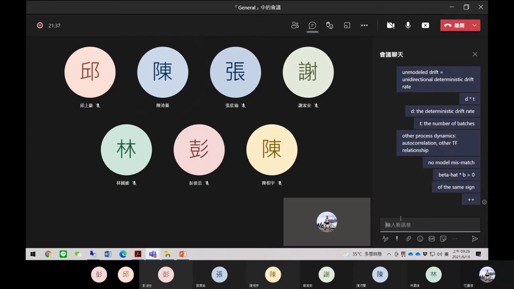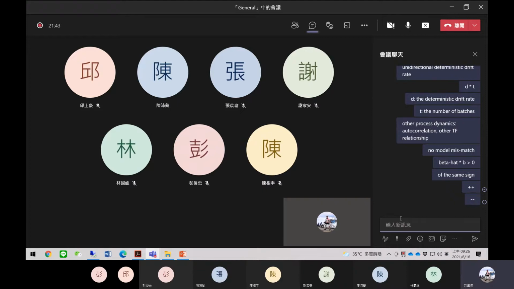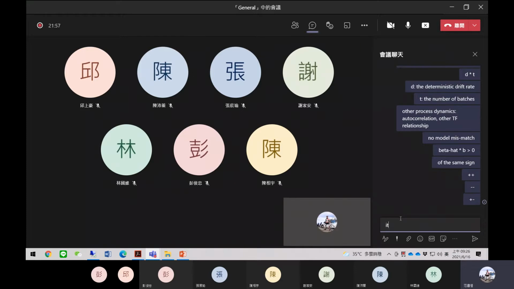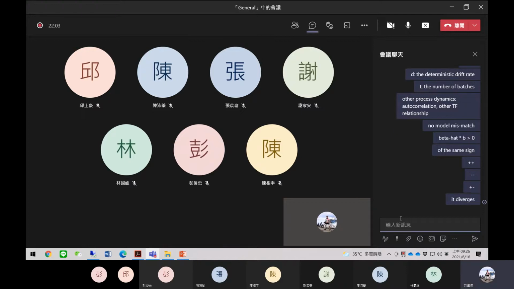If beta hat is negative, B needs to be negative as well: plus plus and minus minus. So they need to have the same sign. If beta hat is plus and the estimate you provide is negative, no way. It diverges. It cannot be used.